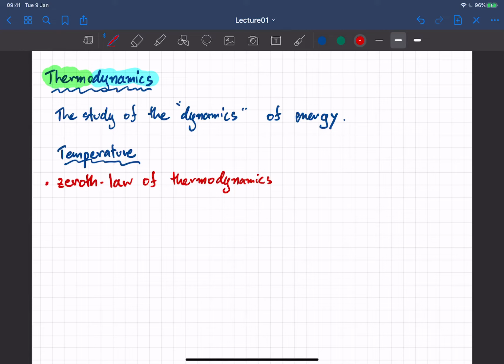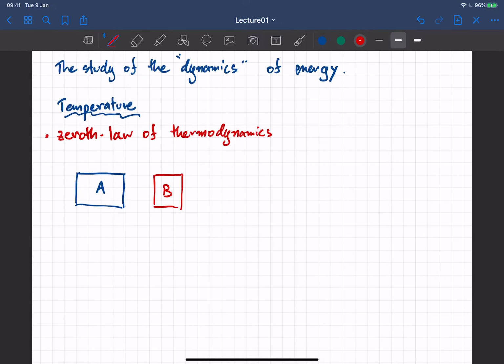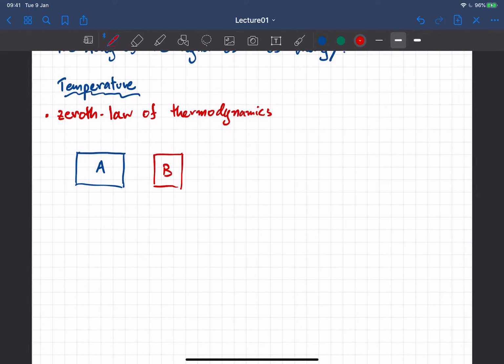So what we have here is, let's say we have an object, let's say object A. It might be a block of aluminum or any material that you want. And then you have another block, which is called block B. And what we do is we bring these two objects into what we call a thermal contact.